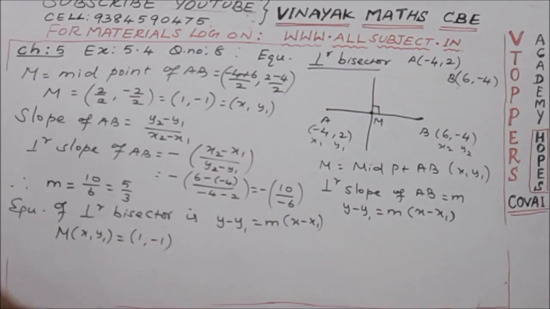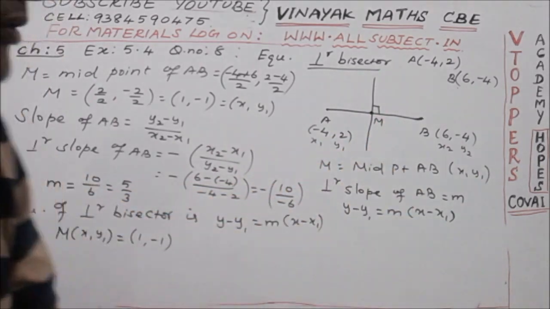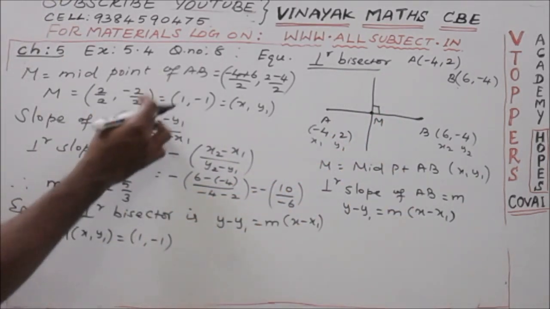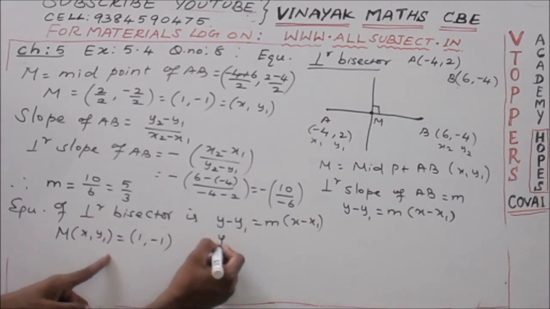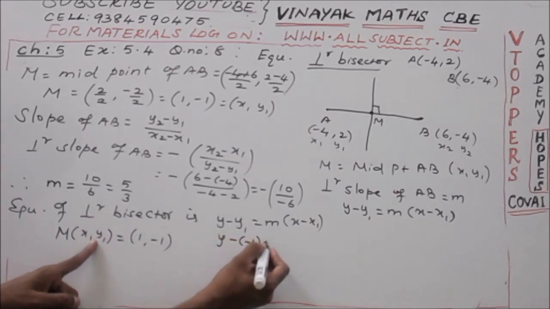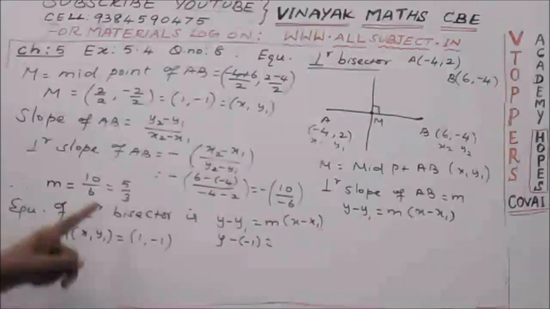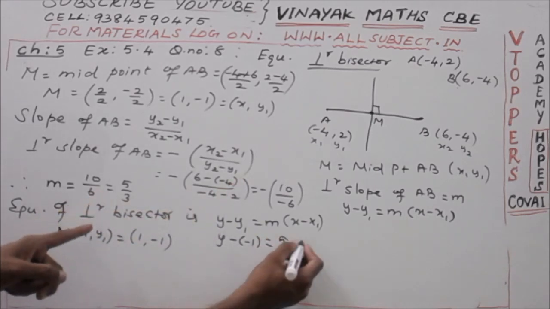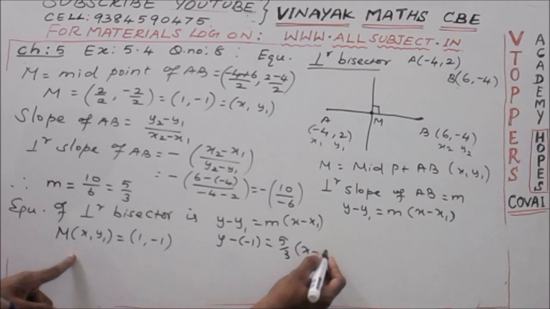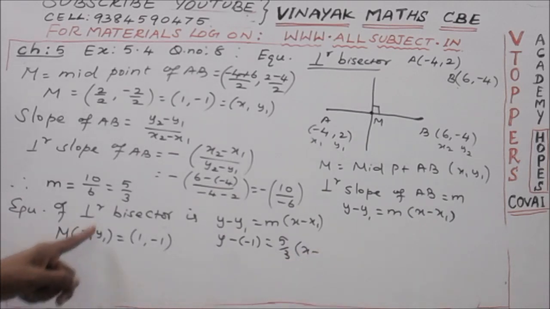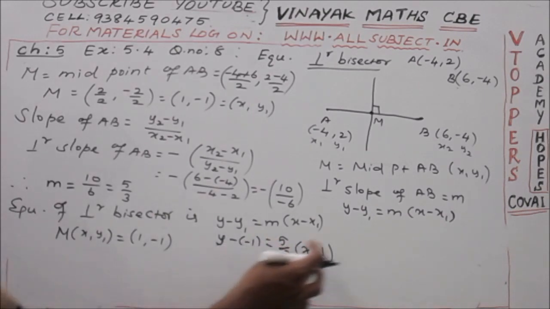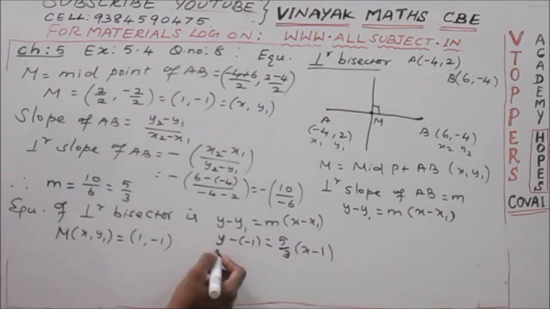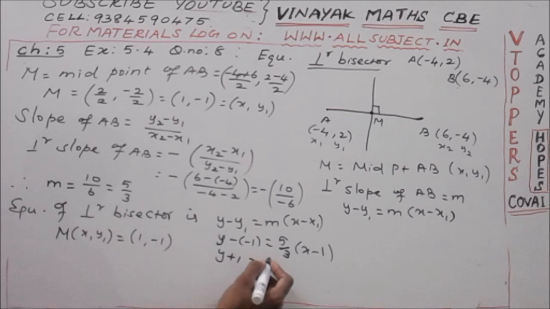When we find the perpendicular bisector, the point M, x1 comma y1, equals 1 comma minus 1, which we found here. So applying that here, y minus of minus 1 equal to m, whose value is 5 by 3, into x minus x1, where the x1 value is 1. So y minus of minus 1 equal to 5 by 3 into x minus 1. Simplifying, y plus 1 equal to 5 by 3 into x minus 1.